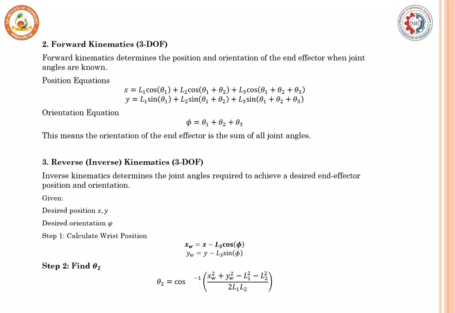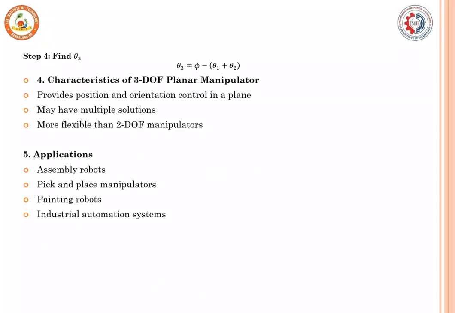You will be able to use this equation to compute. To find theta 2, it is cos inverse of xw square plus yw square minus L1 square minus L2 square, whole thing divided by 2 L1 L2. By this we'll be able to calculate the orientation. Theta 3 is equal to phi minus theta 1 plus theta 2, which we'll be able to calculate.